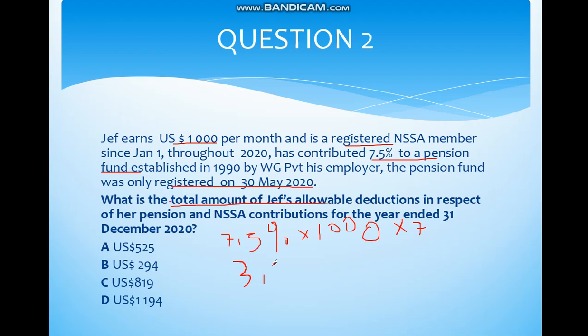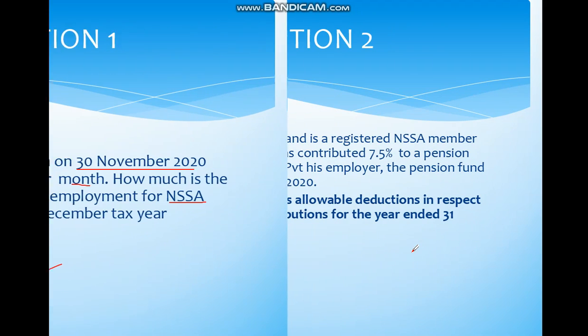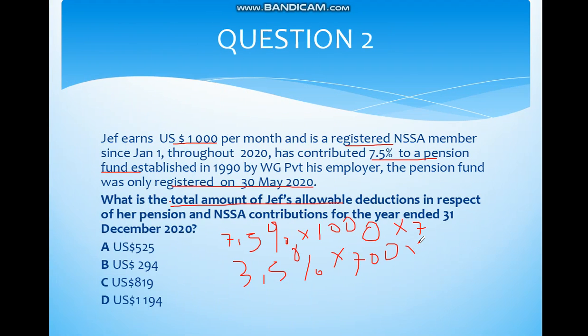We say 3.5%. Maximum pensionable amount is how much? $700. We multiply by $700, and this was a period of how many months? It was a period of 12 months.